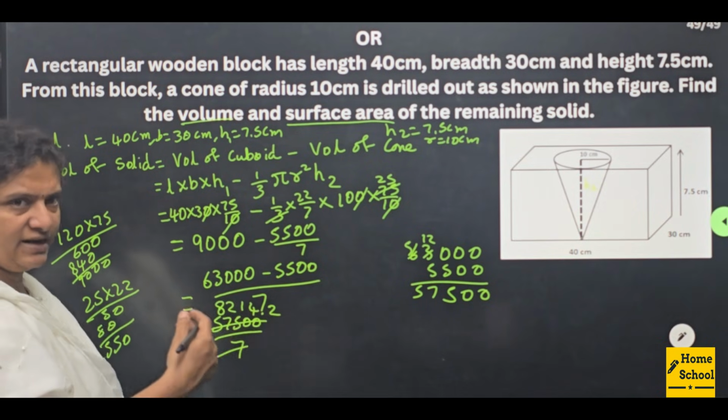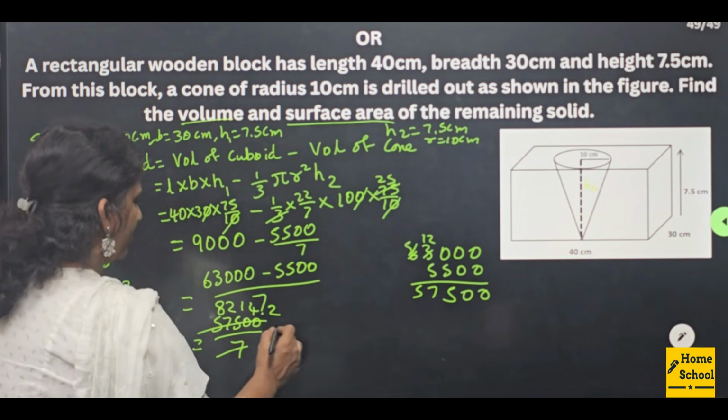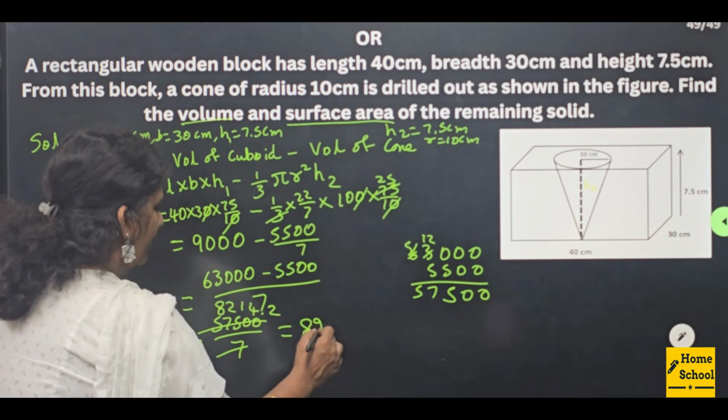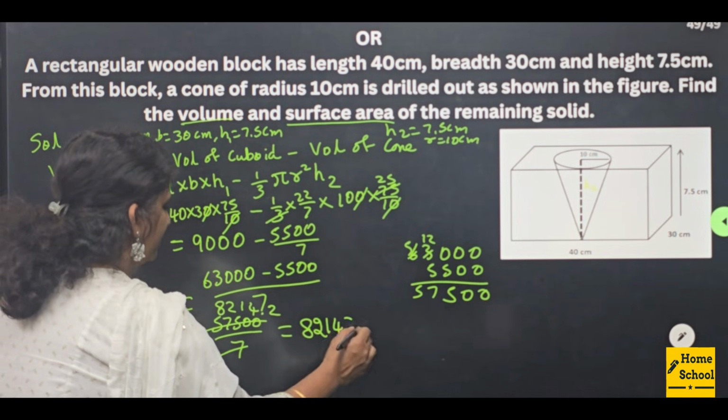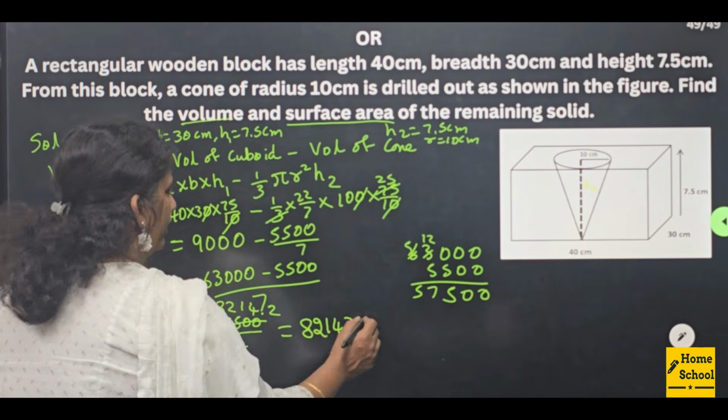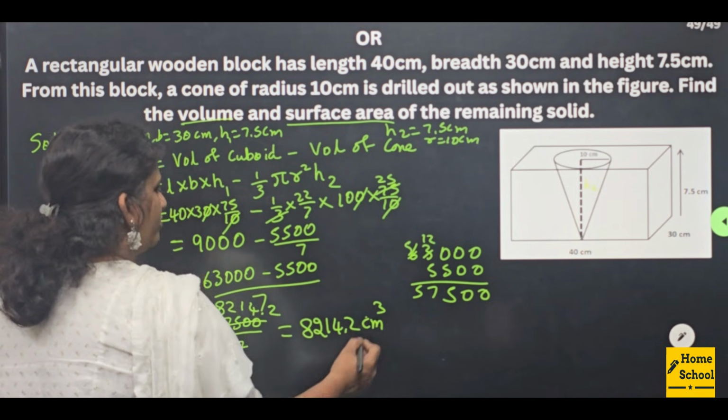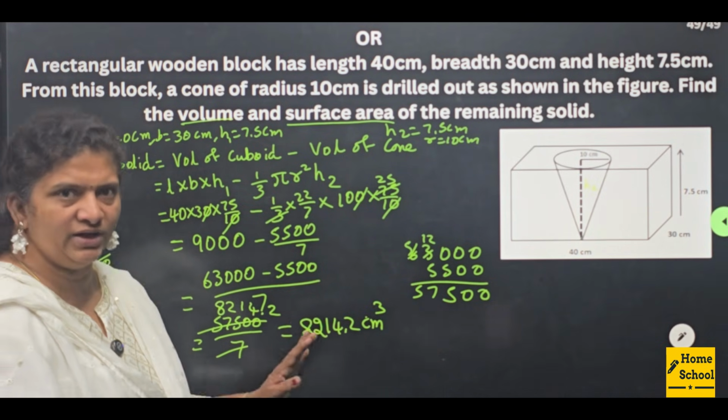And again 6 left, 60, like this you go on doing this. Finally I'll stop your calculation here. 8214.2 centimeter cube is the remaining volume of the solid.